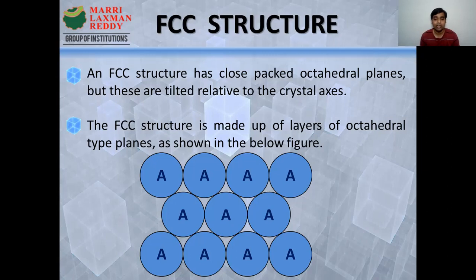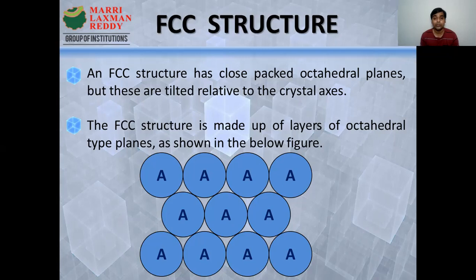That is the ultimate closely packed arrangement of atoms within the layer, with minimum white space between the atoms. When we stack such planes, it results in FCC structure.